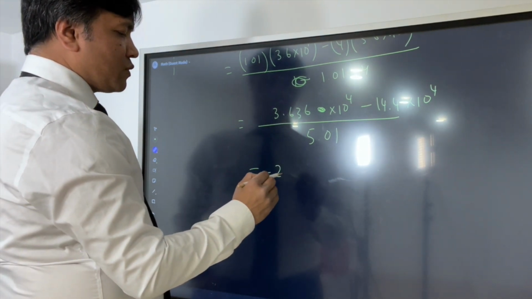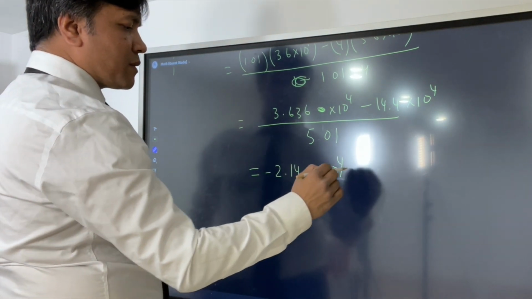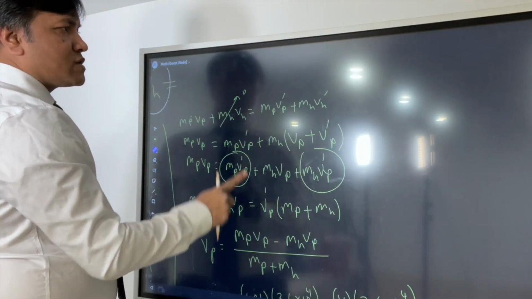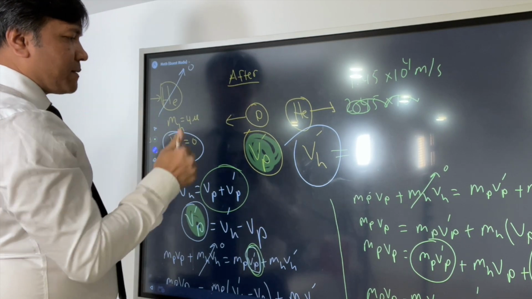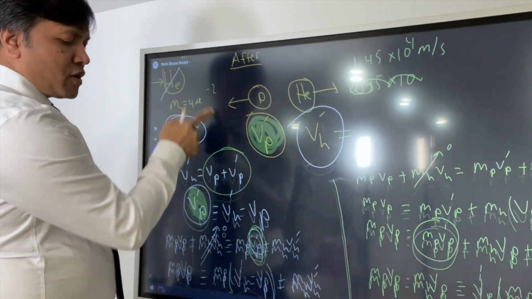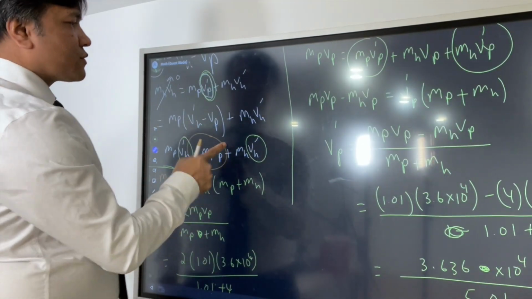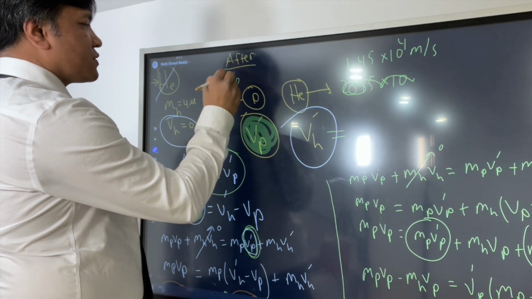So negative 2.14 times 10 raised to 4 meters per second. So this one is negative 2.14 times 10 raised to 4.